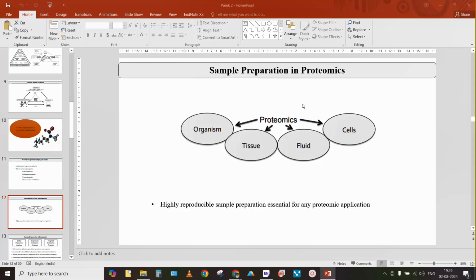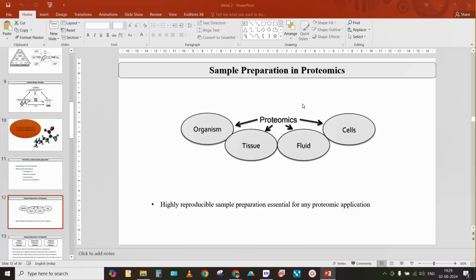Whether you want to perform a proteomic analysis for the whole organism, it means you want to know all the proteins present in a given organism, or in a tissue, or in a body fluid, or in very different types of cells. So proteomics can be global, or it can be very targeted or expression based.